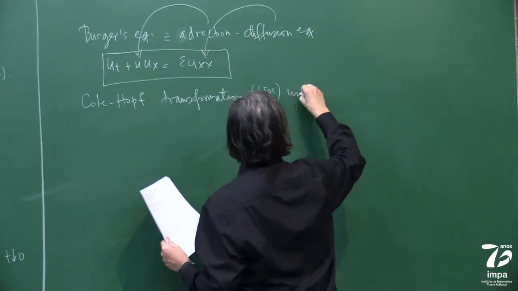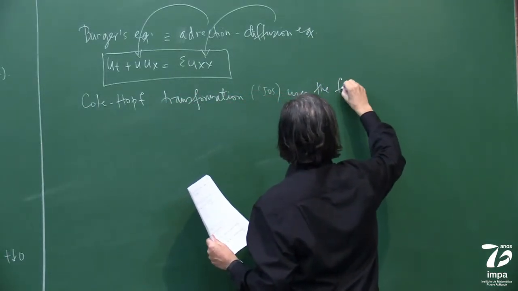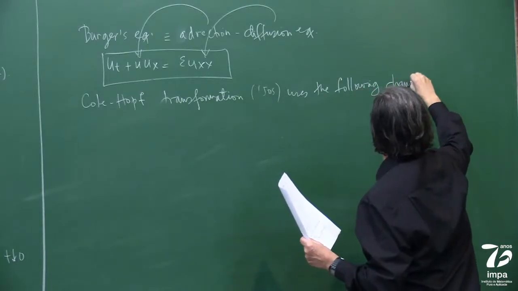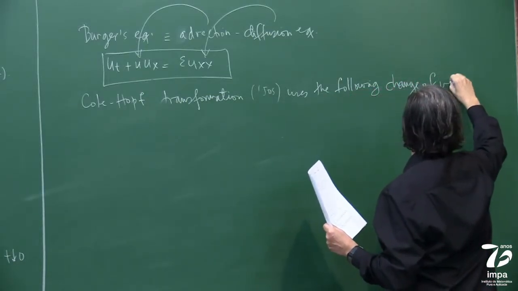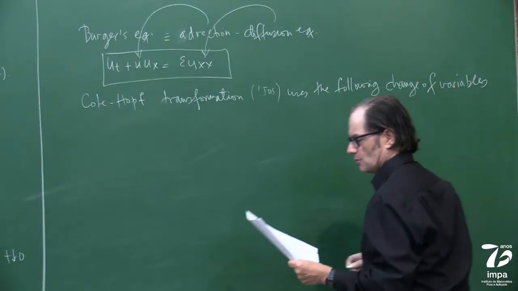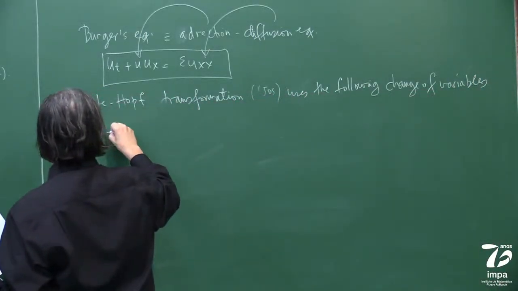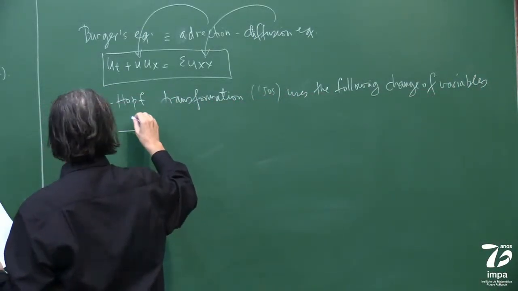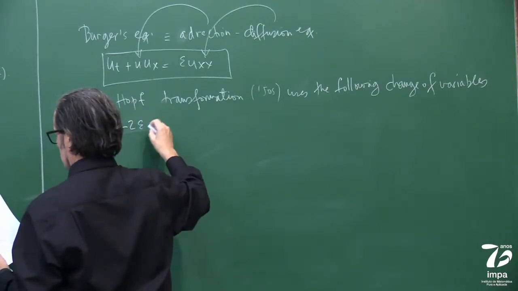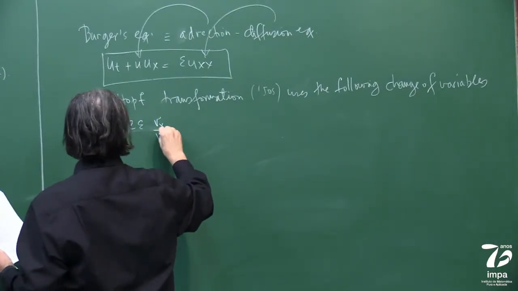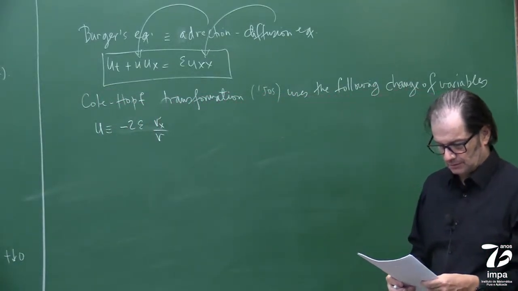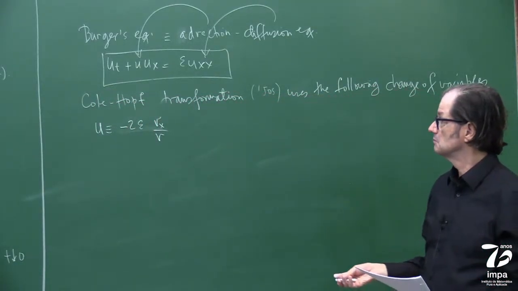The transformation uses the following change of variables. u now is going to be minus 2 epsilon Vx over V. Okay?